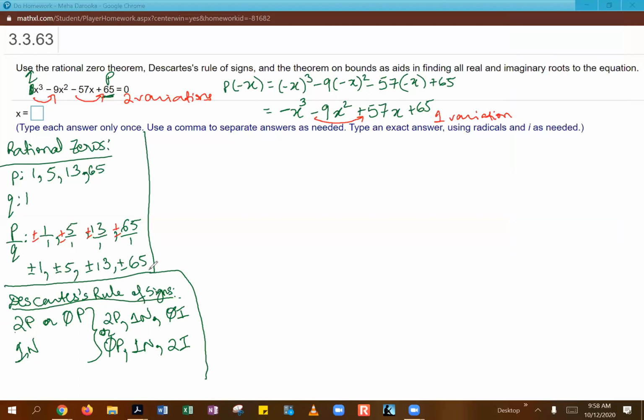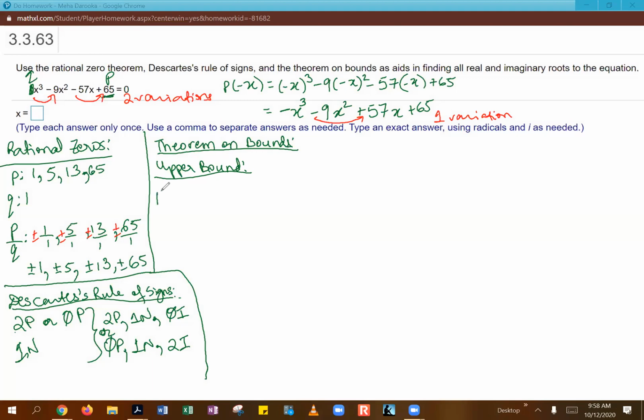The last one is our theorem on bounds. So for theorem on bounds, of course, we have to find what our upper bound and lower bound is going to be. So let's start with the upper bound. And again, make sure there are no terms missing in your polynomial.